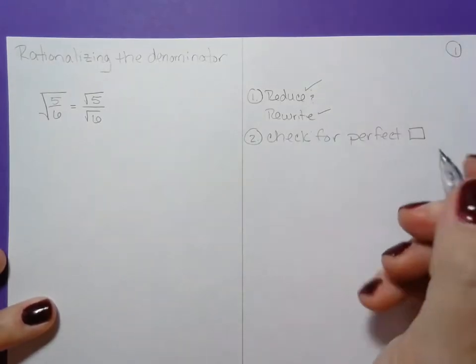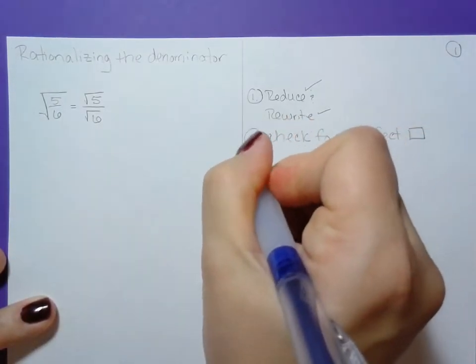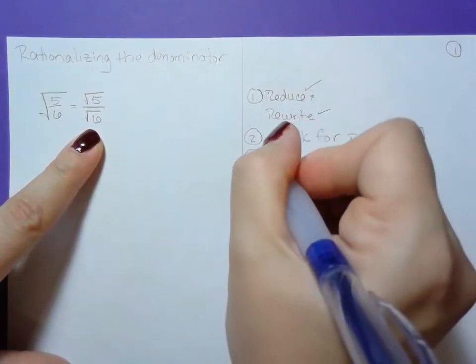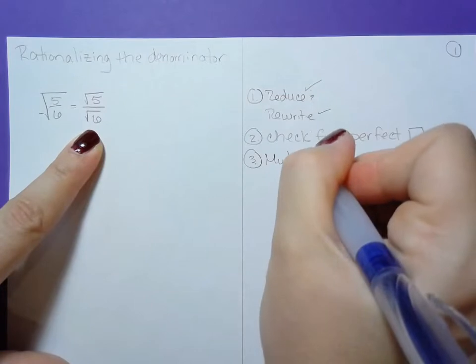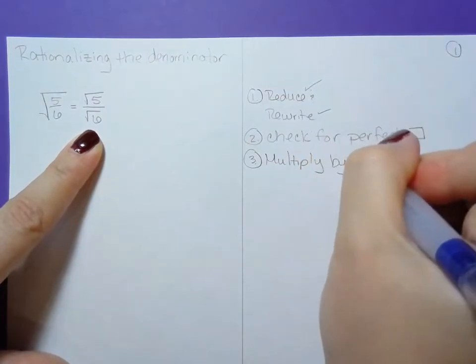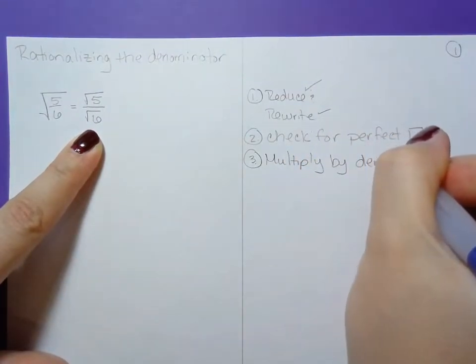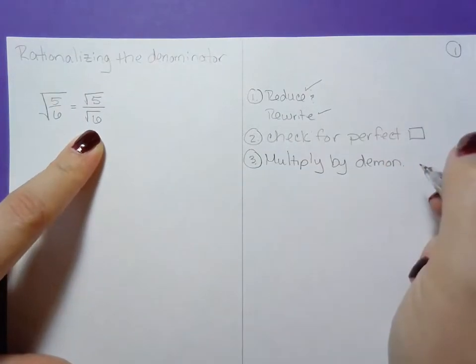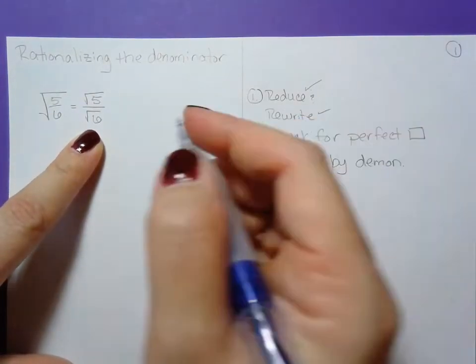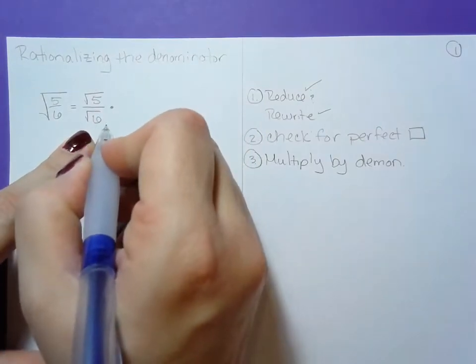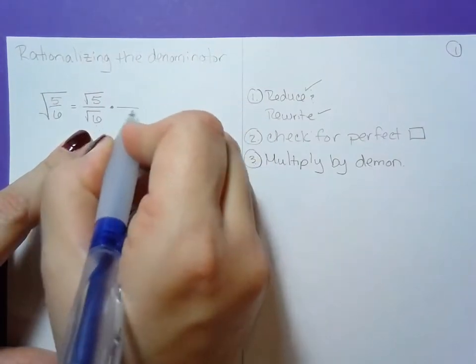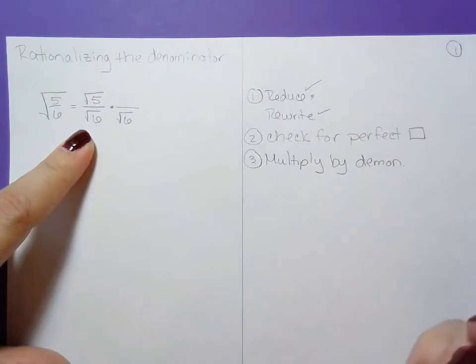Now the thing we want to do is multiply by the denominator. I'm going to abbreviate a little bit just for the sake of space. The denominator is the square root of 6, so we need to multiply by the square root of 6.